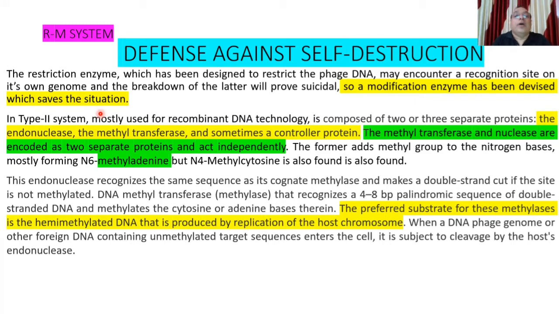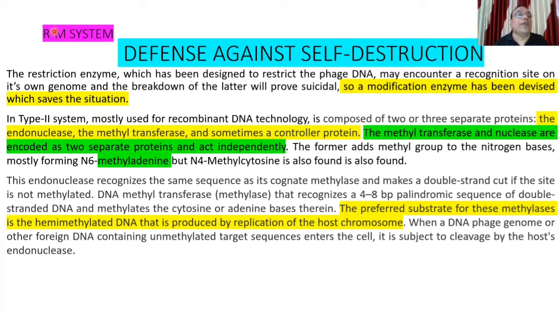The self nucleotides at the target sequences have been modified by adding methyl groups to them, and so the bacterial enzyme won't recognize them as a recognition segment at all. And so the self genome will be safeguarded from the attack of the self enzyme, that is the restriction endonuclease.